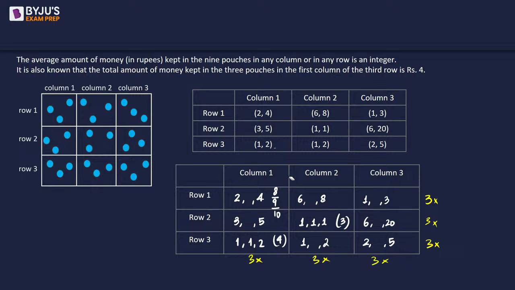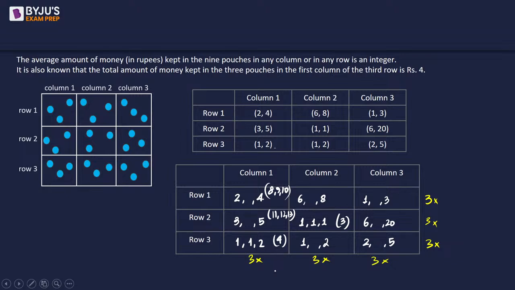So we can have the total amount here as 8, 9 or 10. Next, we have 3, 3, 5 possible in first column of second row: 3, 3, 5, 3, 4, 5 or 3, 5, 5. So 3, 3, 5 is going to be 11, and 3, 5, 5 is going to be 13. So we can have 11, 12 or 13.